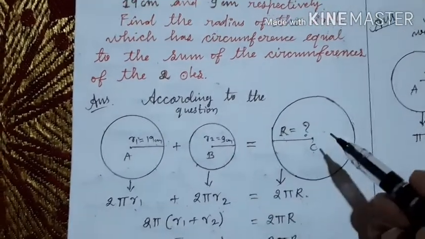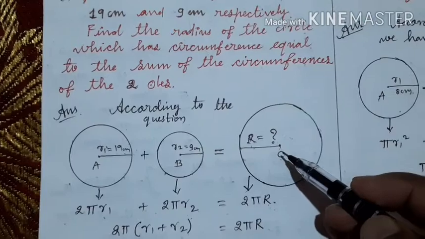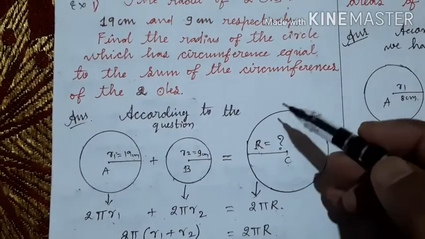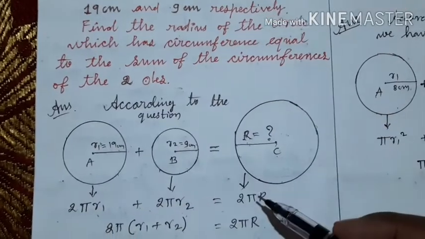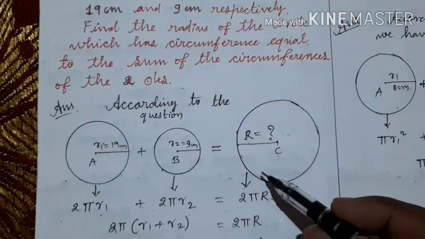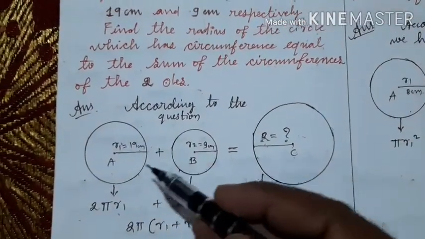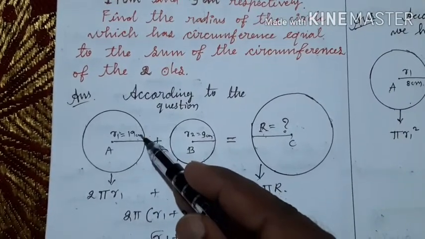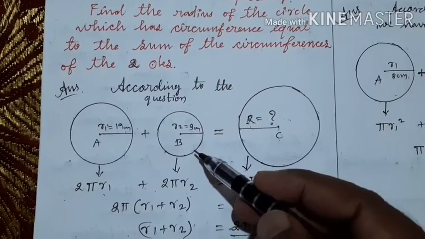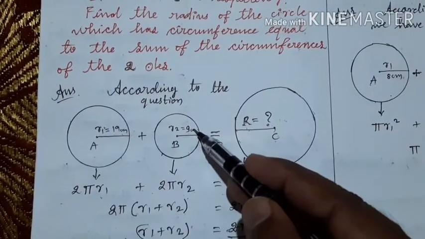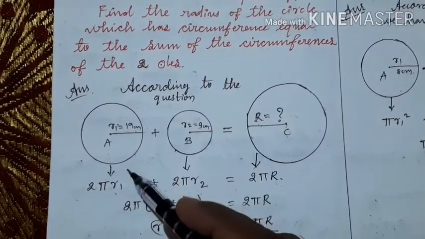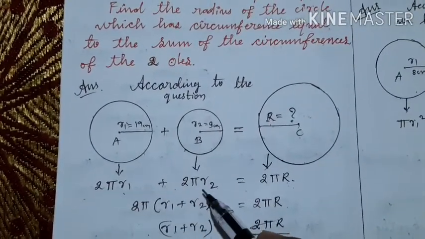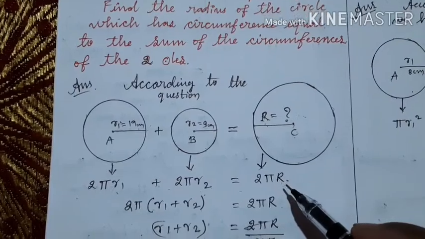Here, the circle with center C and radius R is the circle whose circumference is equal to the sum of the circumference of the circle with 19 centimeter radius and the circle with 9 centimeter radius. That is why, according to the question, we have 2 pi R1 plus 2 pi R2 is equal to 2 pi R.